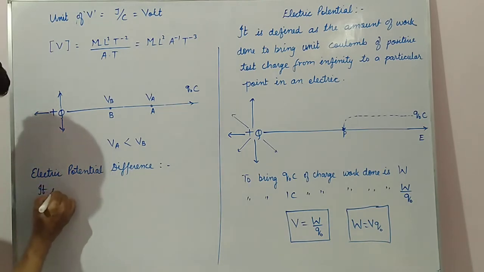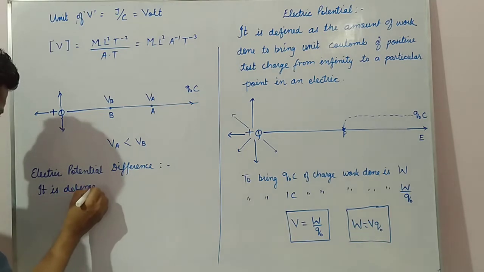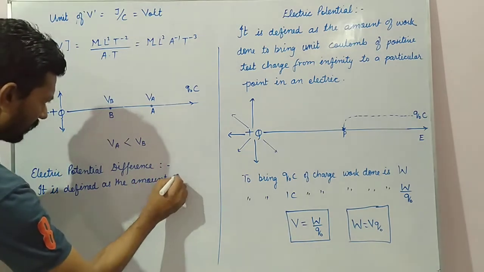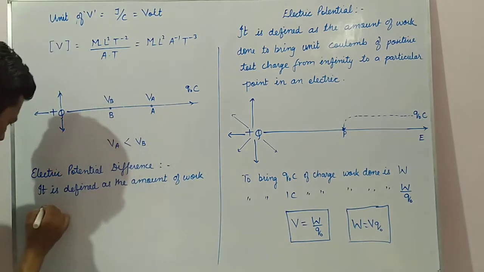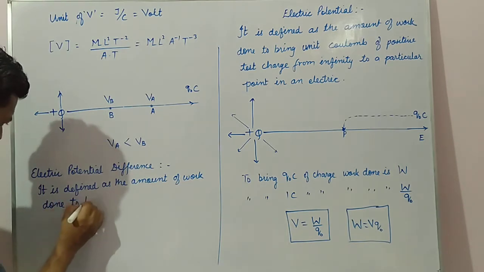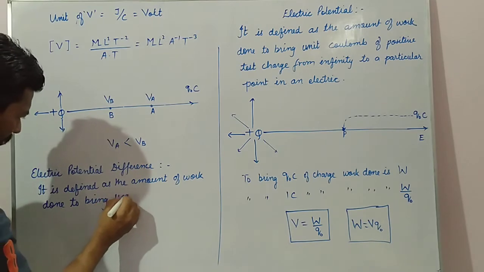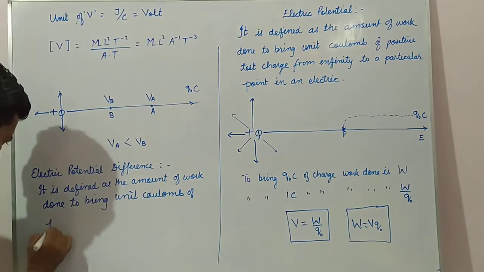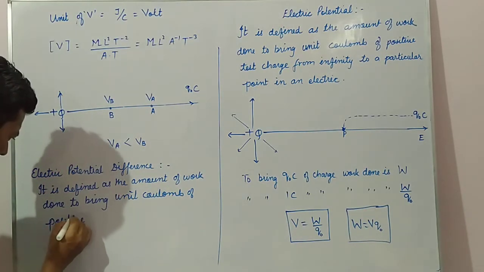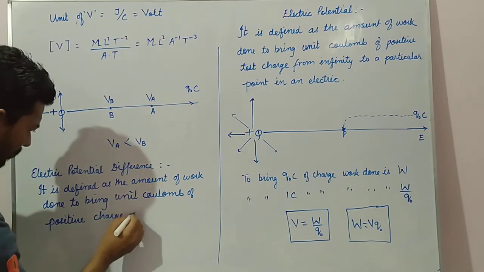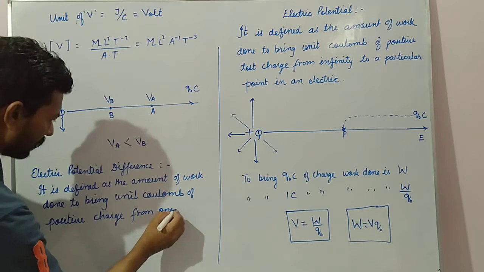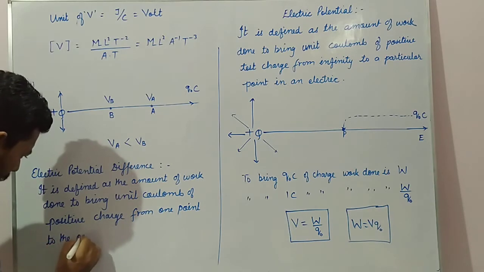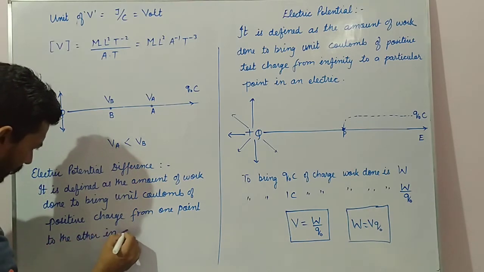It is defined as the amount of work done to bring unit coulomb of positive charge from one point to the other in an electric field.